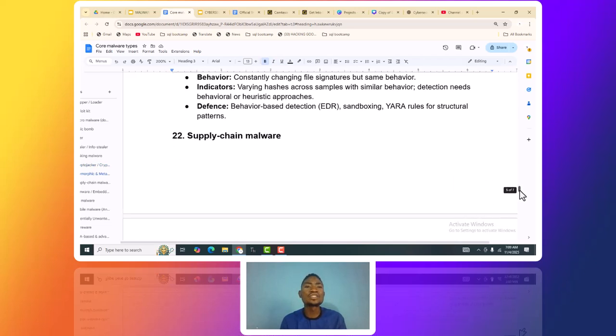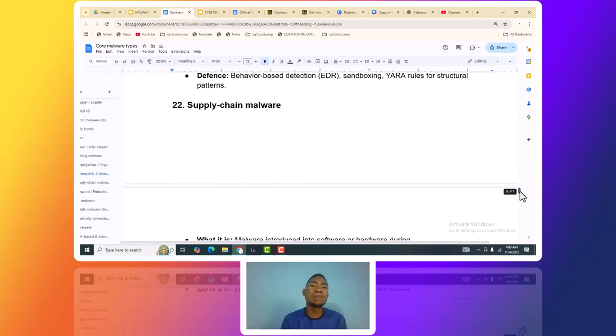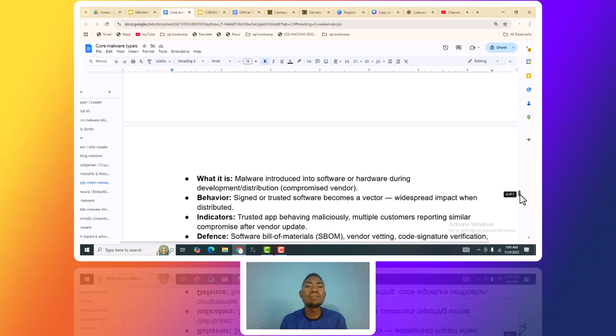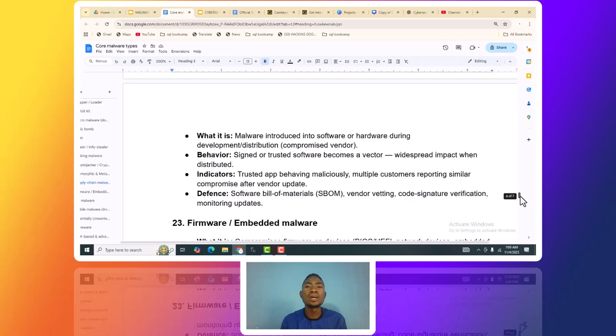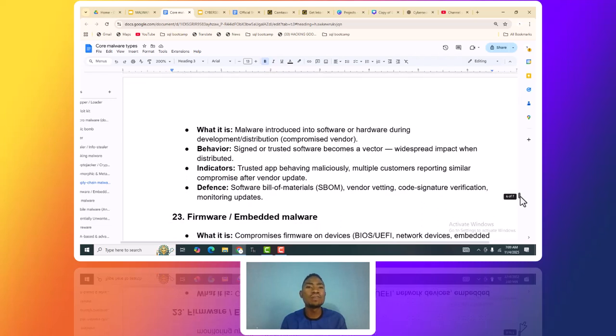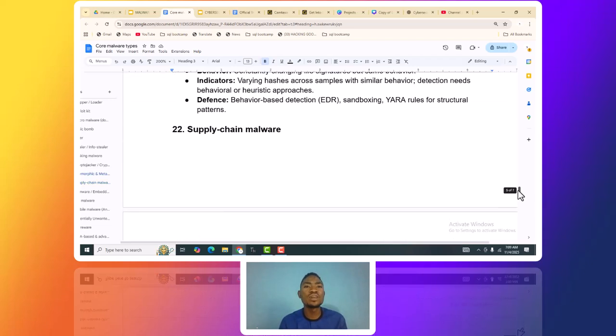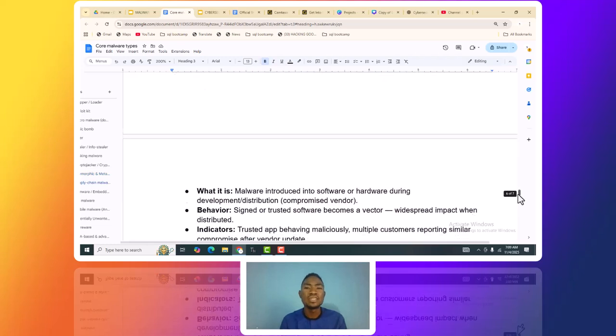And then supply chain malware. Supply chain malware is malware introduced into software and hardware during the development or distribution stage. It compromises the vendor itself, so our trusted software becomes a vector, with widespread impact when distributed. So it actually affects the vendor instead of the client itself.